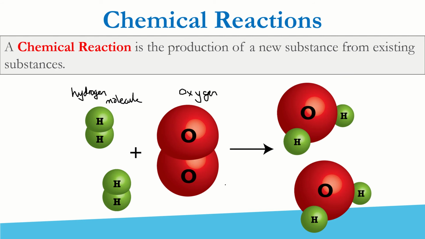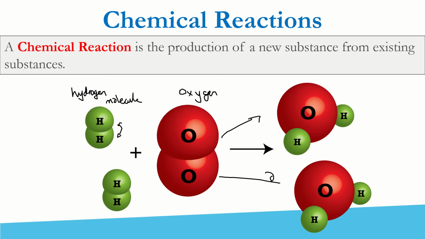When these combine together, you'll see that the hydrogens have broken apart from each other, the oxygen has broken apart from each other, and they've bonded with the hydrogens bonding with the oxygen to form water molecules. So that's what we mean by a chemical reaction. When we produce a new molecule, or when the molecule has rearranged itself to form something else, like so.